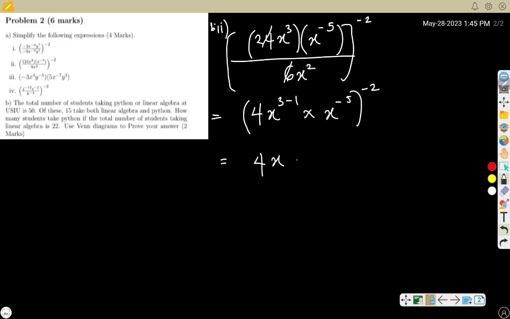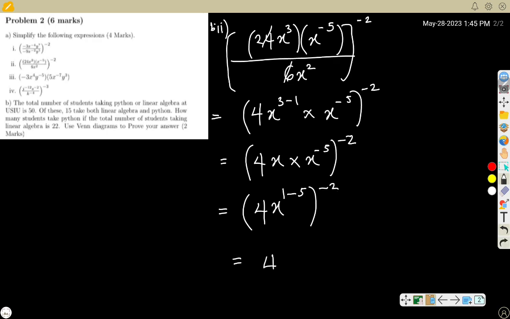So this is 4s raised to power 1 minus 5. If you use law of indices, this s is power 1, so add the power. So this becomes 4s raised to power minus 4, everything raised to power minus 2.